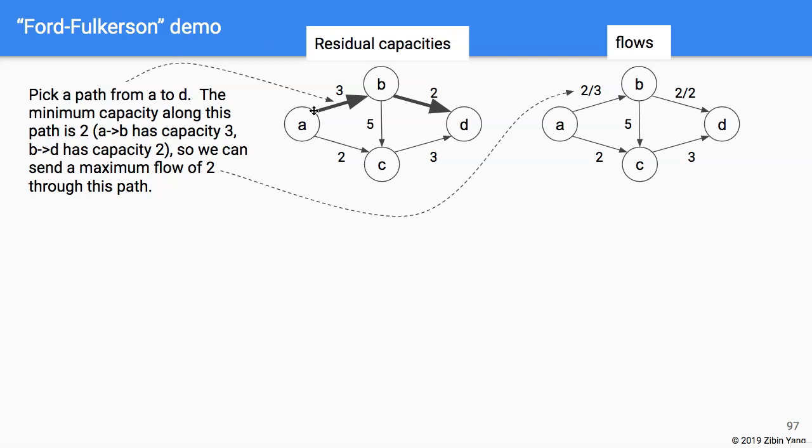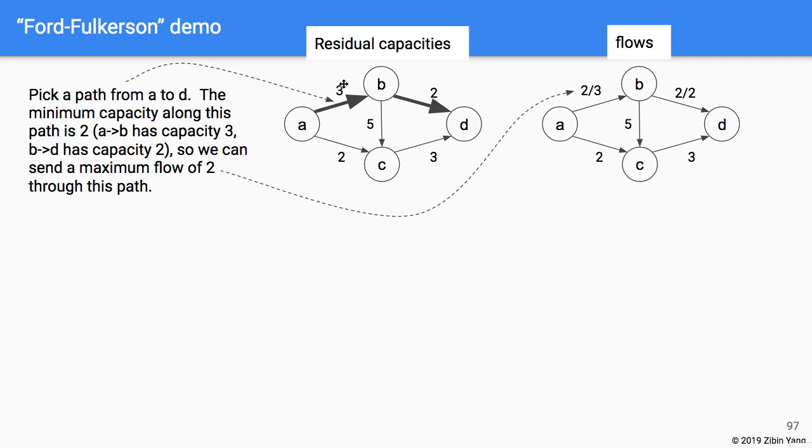So we'll pick this one. This is the path we pick. And then let's find out what is the maximum flow we can send through this. So the minimum capacity along this path is 2. So that means we can only send a flow of 2 through this path, right?